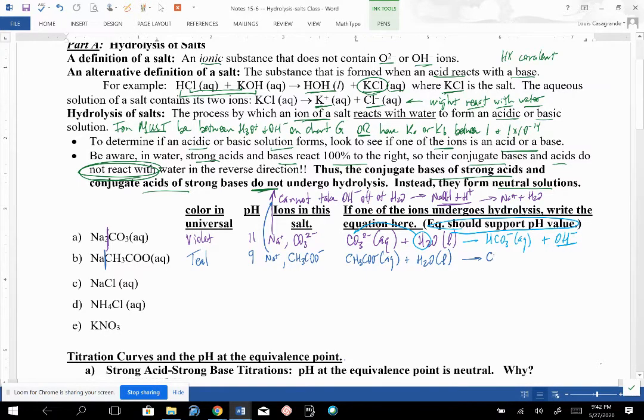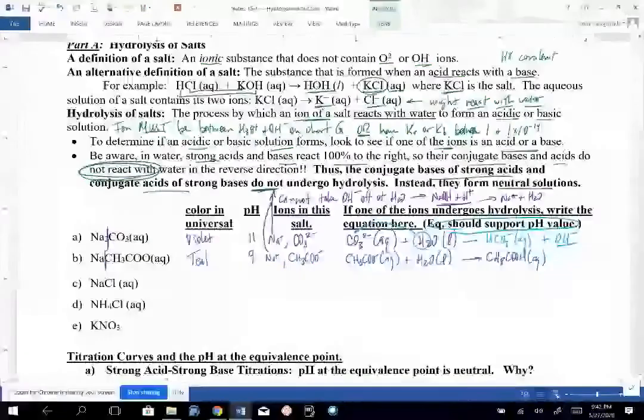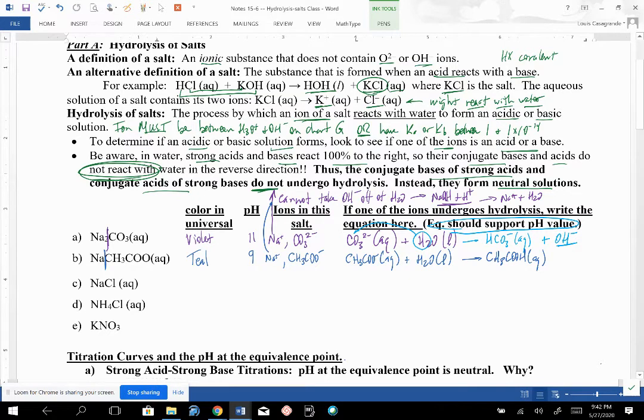And we're going to reform CH3COOH. We're making the weak acid. Now, because it's a weak acid, it doesn't dissociate 100%. It stays together, so we write it together, and we get the OH minus that's left over. And there's the hydroxide that gives us our basic solution.